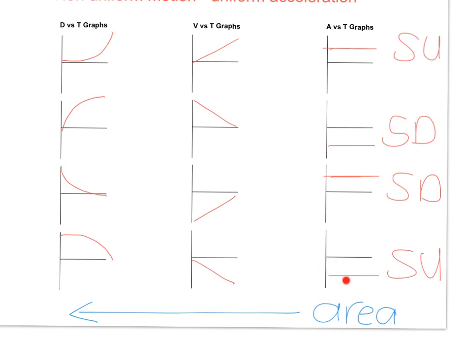Getting that area from an AT graph will actually give you the velocity that the object ends up at after a certain amount of time. Whatever the time interval is that it ends at here, that will give you the final velocity. You're going to assume the beginning velocity was whatever, make it easy on yourself. It doesn't really matter because you don't know if its initial velocity is 0 or not.